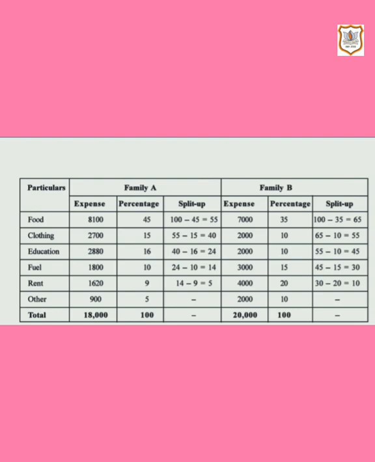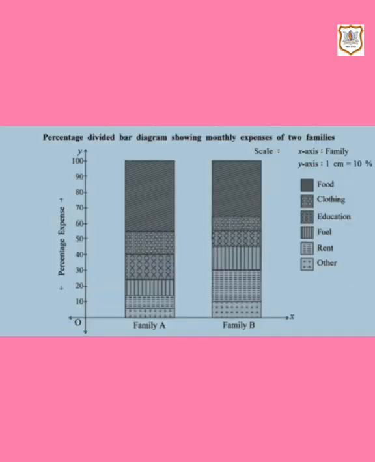Now let's have a look at the percentage divided bar diagram. So here in the percentage divided bar diagram, the x-axis shows family and the y-axis shows 1 centimeter is equal to 10%. So family A is marked up to 100% and even family B is marked up to 100%, as the sum is a percentage divided bar diagram.